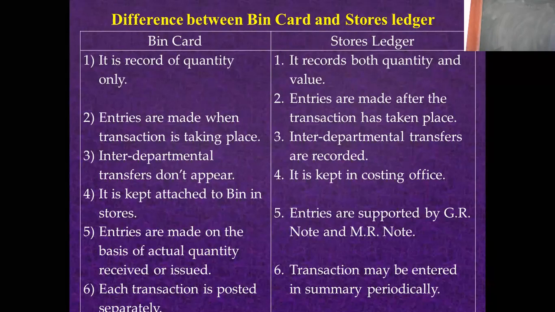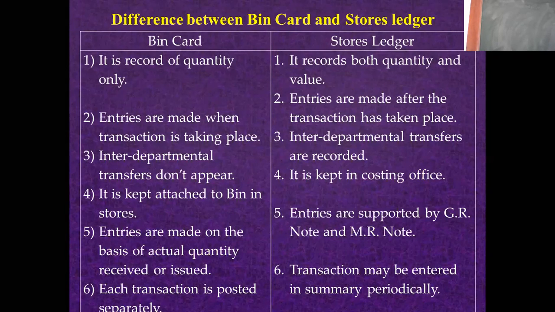And the second difference is entries are made as and when the transaction takes place. In the bin card, we record the entry whenever we keep material in the bin, and whenever we take material from the bin, we record it. But the store ledger is recorded periodically: weekly, monthly, quarterly, or fortnightly.